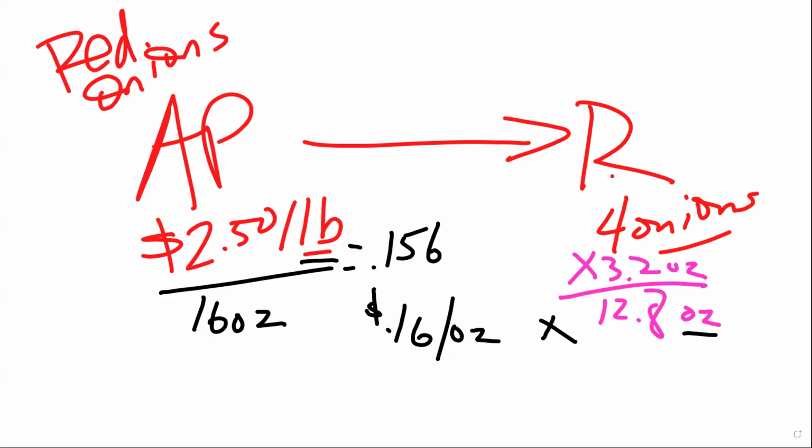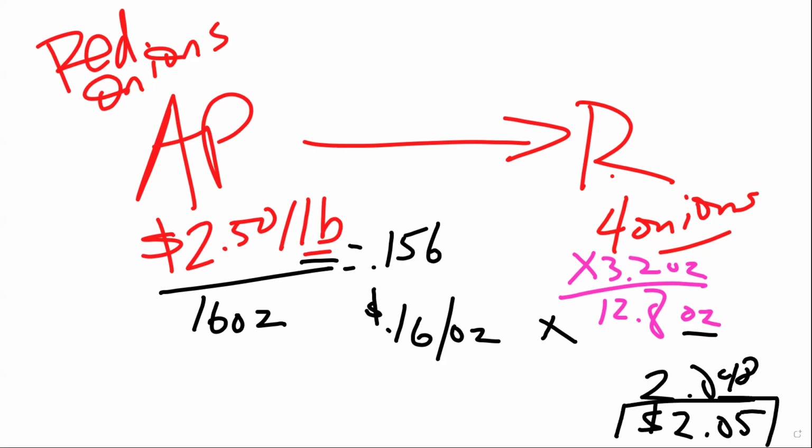I've got to clear out my calculator. So 0.16 times 12.8 gives me 2.048, which I would round to $2.05. That would be my answer.